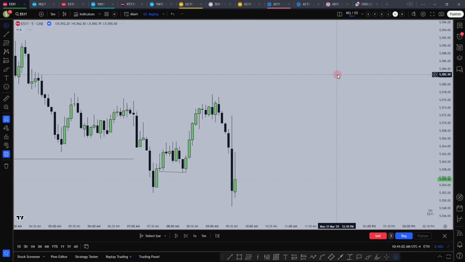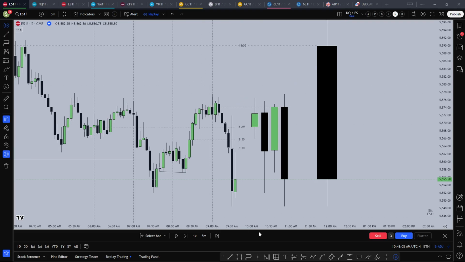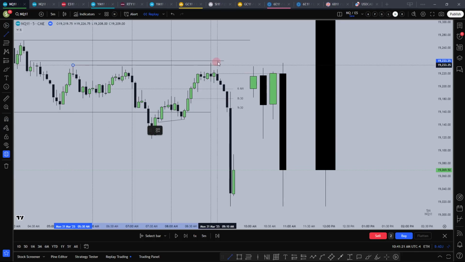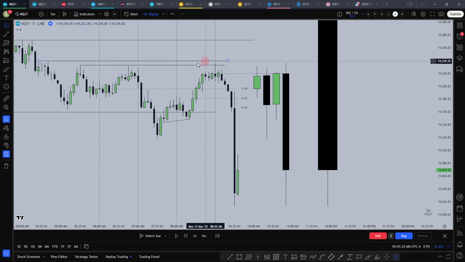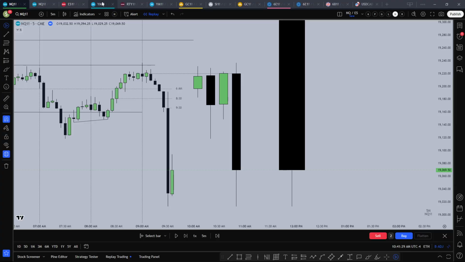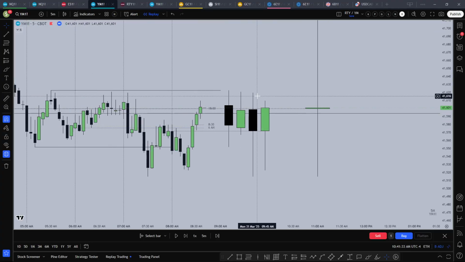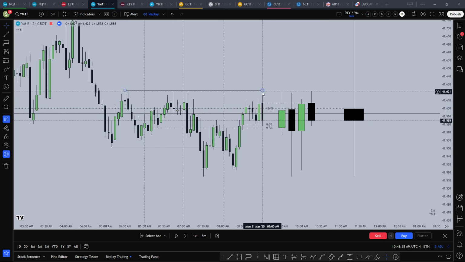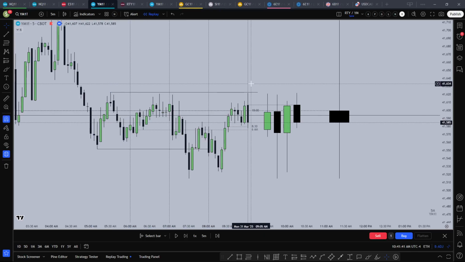What about ES? ES hits these. This, nope. So not too good of a move, I will say. What about NQ? NQ did hit these. Nice. Talking about YM RTY. Again, leaving fell swings, not too nice.